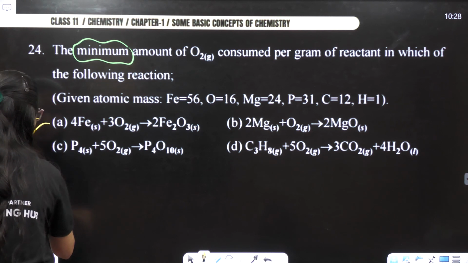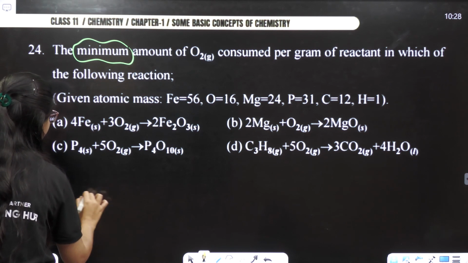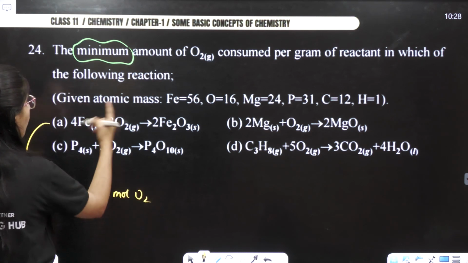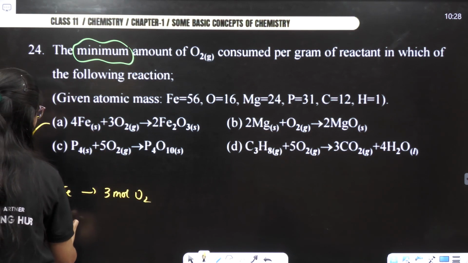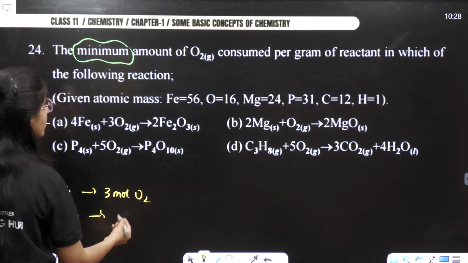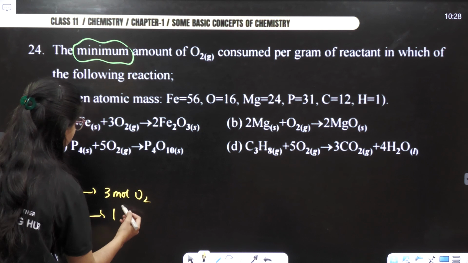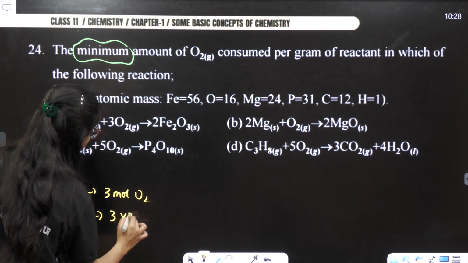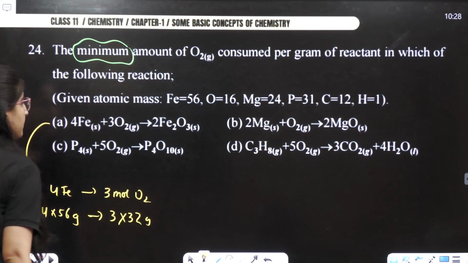Okay. So for this one, 4 moles of iron require 3 moles of your oxygen. So 4 moles of iron means 4 into 56 grams of your iron, requiring 3 into 32 grams of your oxygen. Correct?